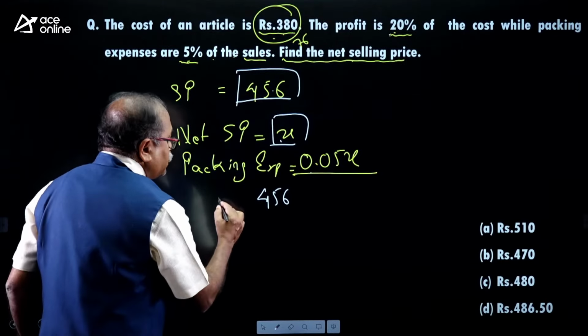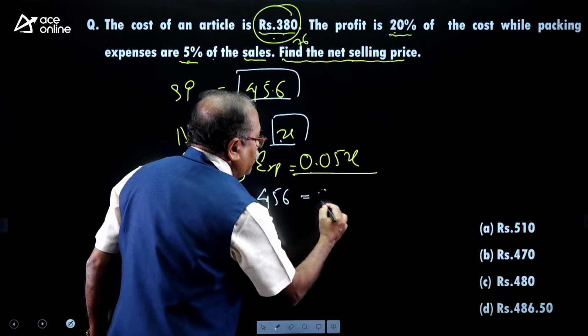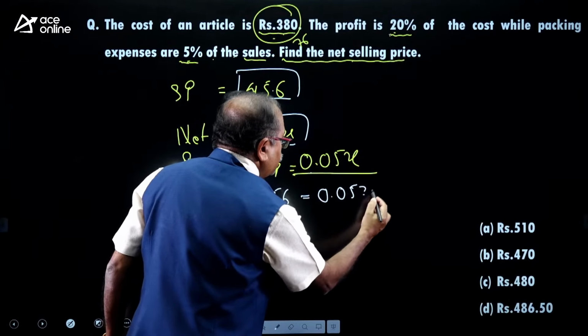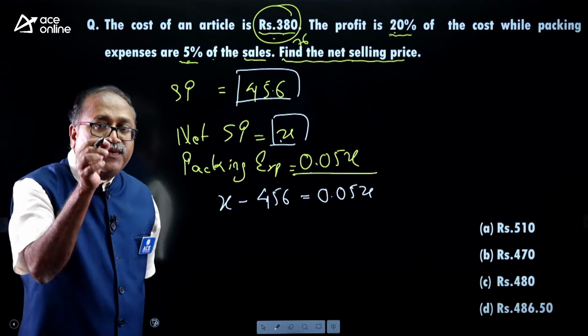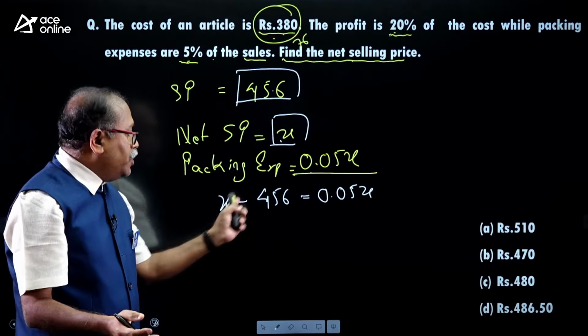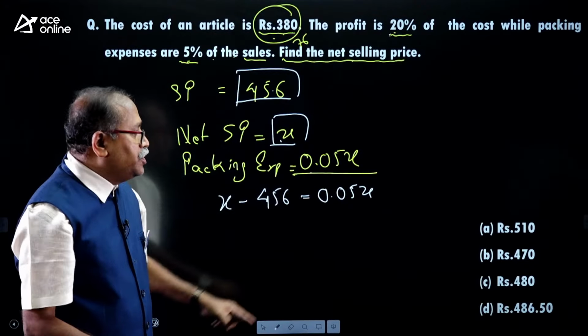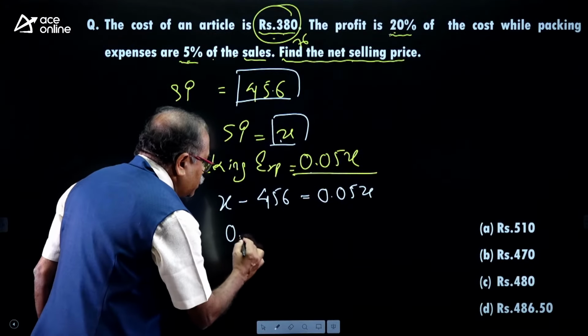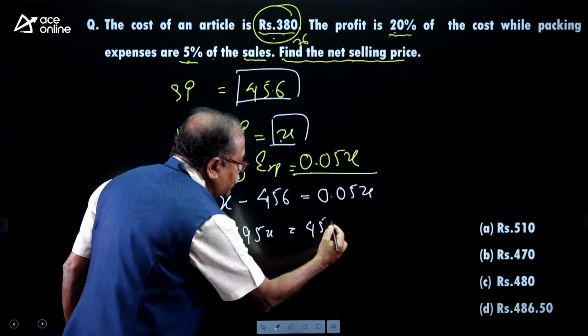Make sure everyone understands that x minus 456 is equal to 0.05x, the packing expenditure. If you are understanding this line, it's easy, my dear friend. From now onwards, when the x goes to the other side, I will get 0.95x is equal to 456.